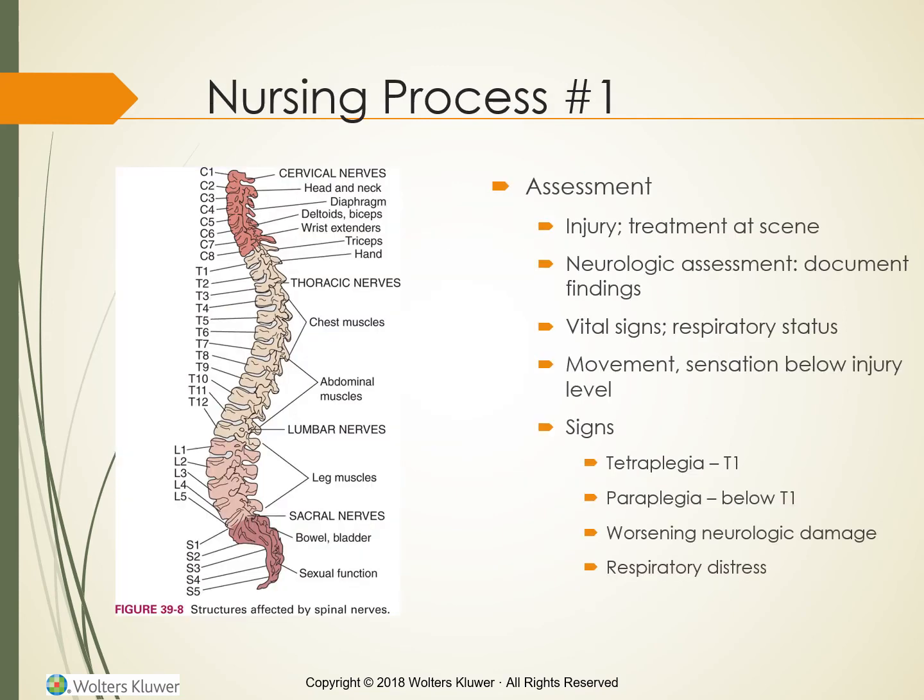So when we are assessing somebody with a spinal cord injury, the degree and location of the spinal cord injury will kind of determine the immediate symptoms. So if there's pain in the affected area, difficulty breathing, numbness, paralysis, we have to determine if the injury is high in the cervical region.